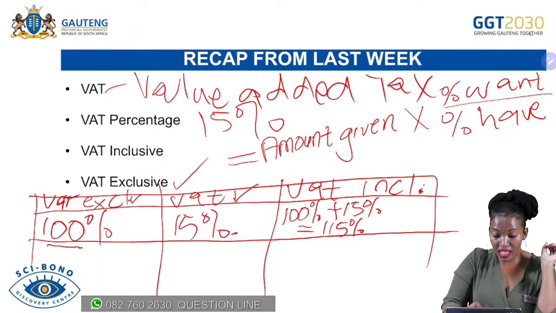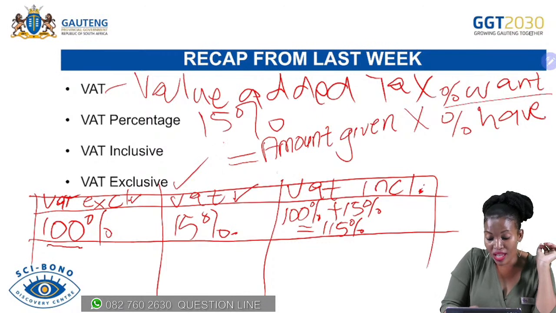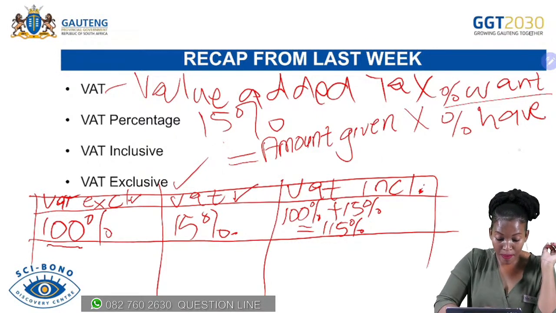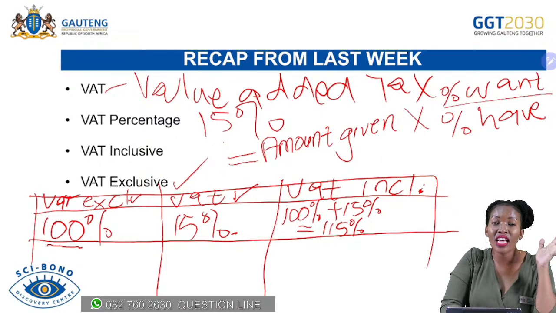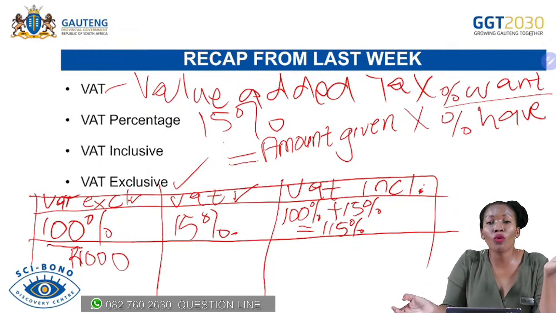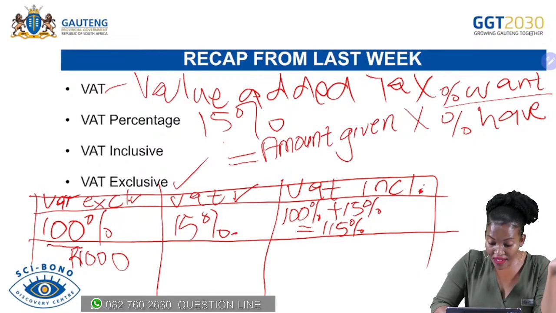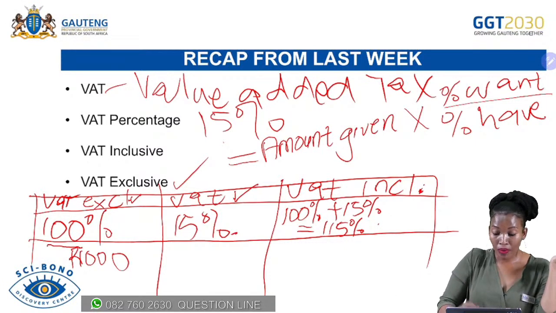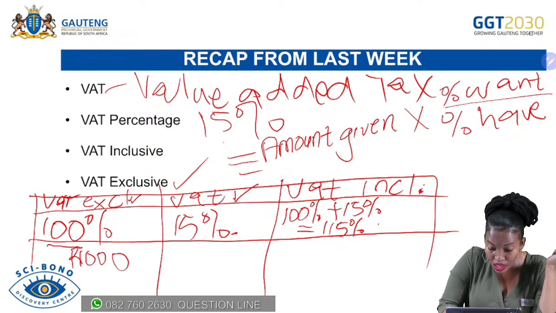Are you okay? So this is the formula that we worked with last week. So if maybe you were given the VAT exclusive amount of, let's say, 1,000 rands, and then you are required to calculate the VAT inclusive amount, if you are using this formula, you will say, okay, what is the amount that is given?